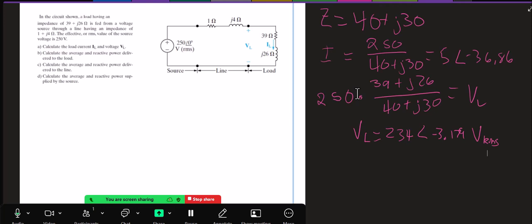We can do it in RMS. They're already in RMS. So we've got the current and the voltage in RMS. So how do we find the average and reactive power?